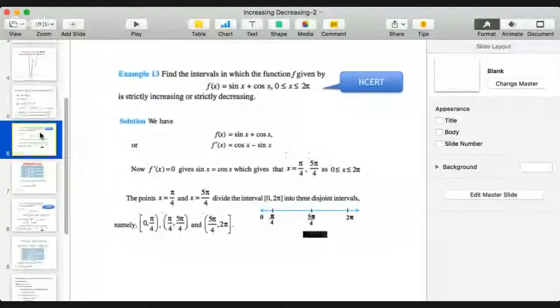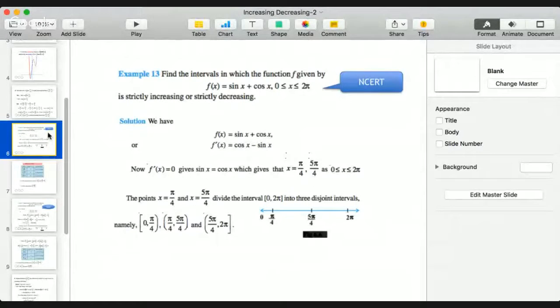That's where the problem is coming. So I guess you can just continue with the slide as it is. Don't play it. Okay. Yeah, so it's visible now.